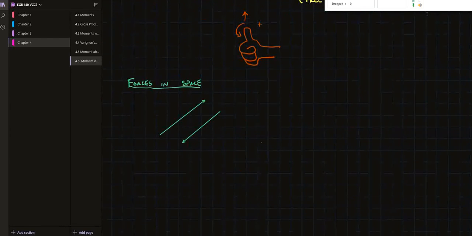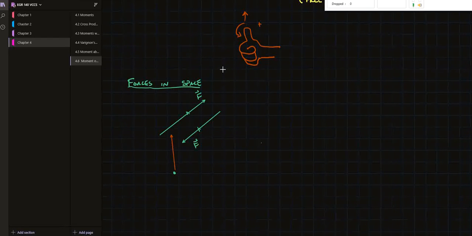Now let's consider two forces that are parallel in space. Can we do the same thing about a point O? Yes, we can. So we have some point O here.